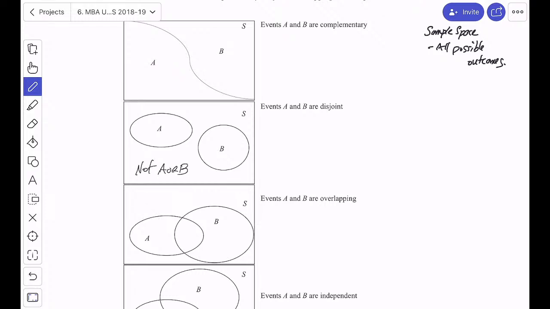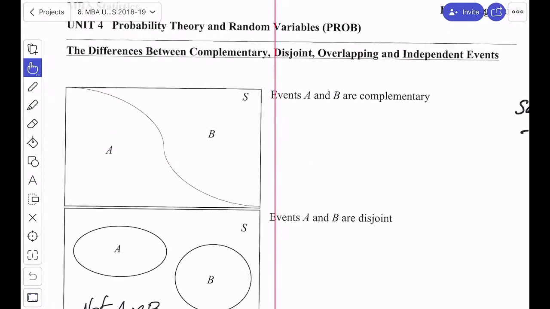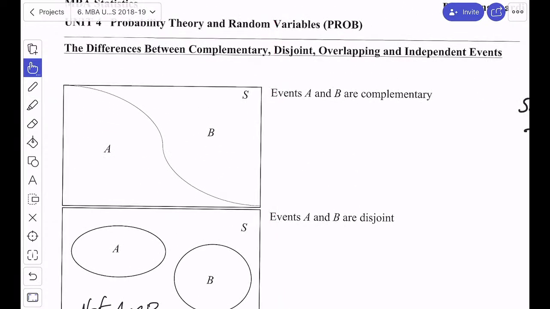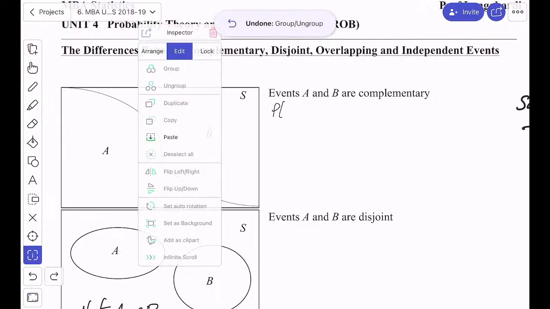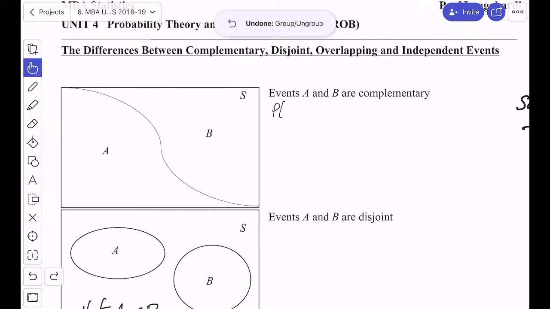Okay, so let's backtrack a bit. Let's focus on this one. Let me add onto these events because we want to use it for probability.